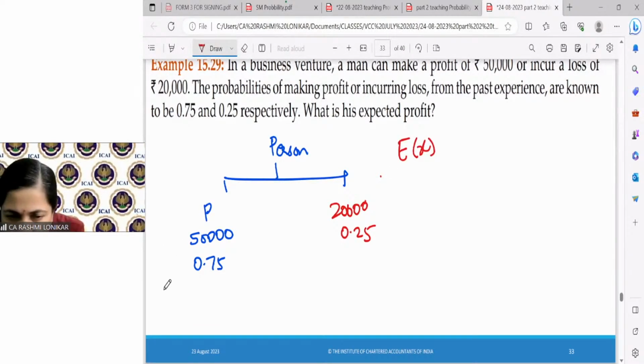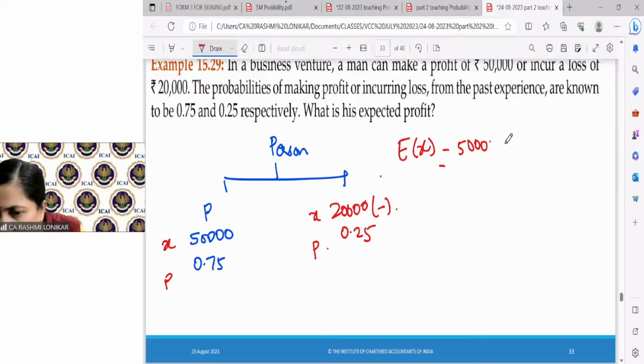This is my x and this is my p. Okay, but because this is a negative number, because you are making a loss, this will be equal to 50,000 into 0.75 minus 20,000, because it's a loss, into 0.25.